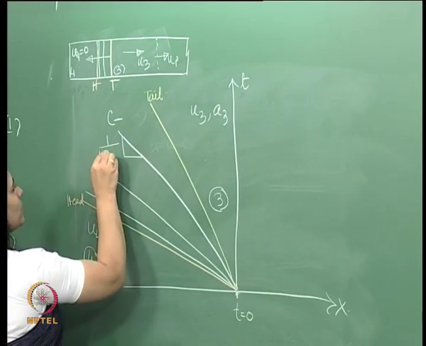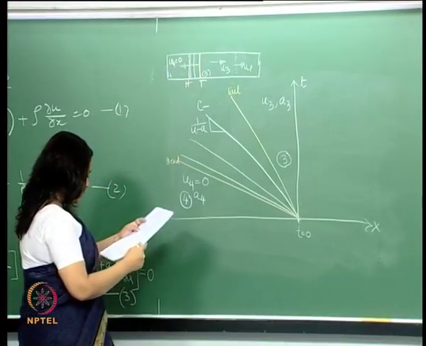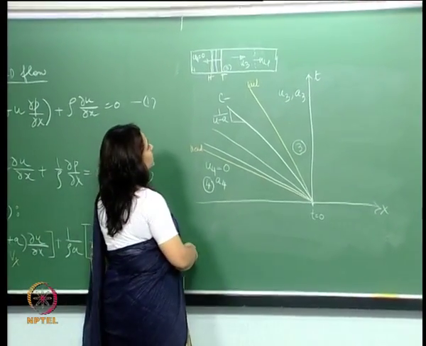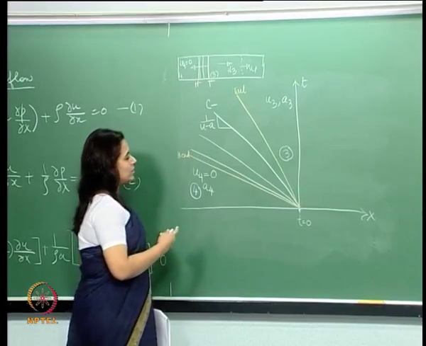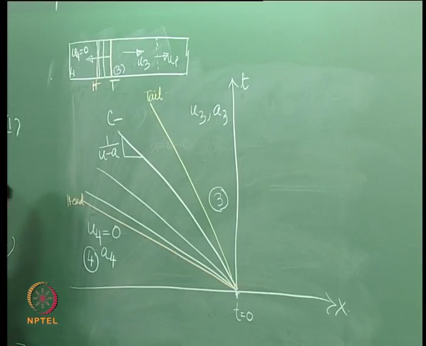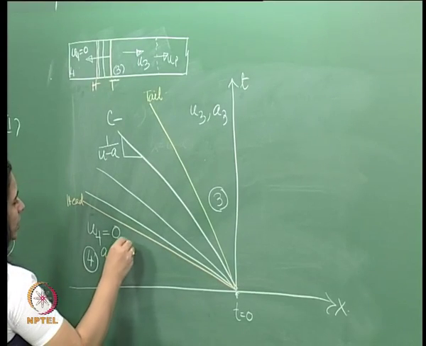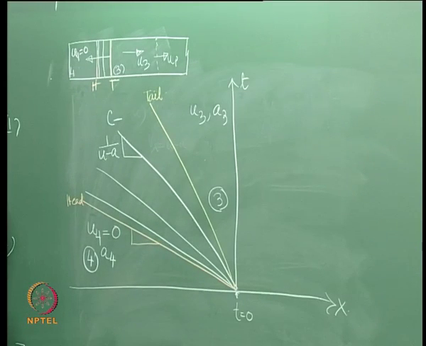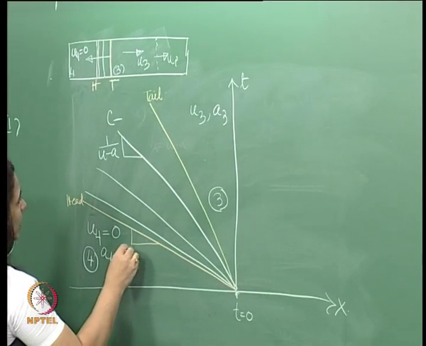So the slope is u minus a. So this is essentially dx by dt. This is the slope of this characteristic. So if I look at that, then what is the slope of the head of the expansion wave? What is the slope of that?